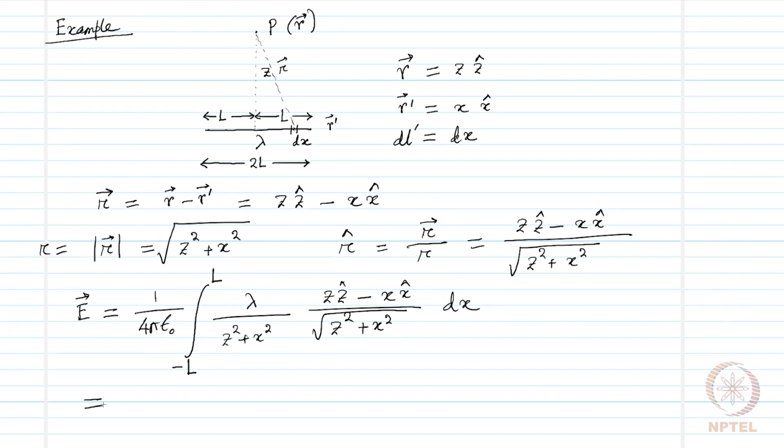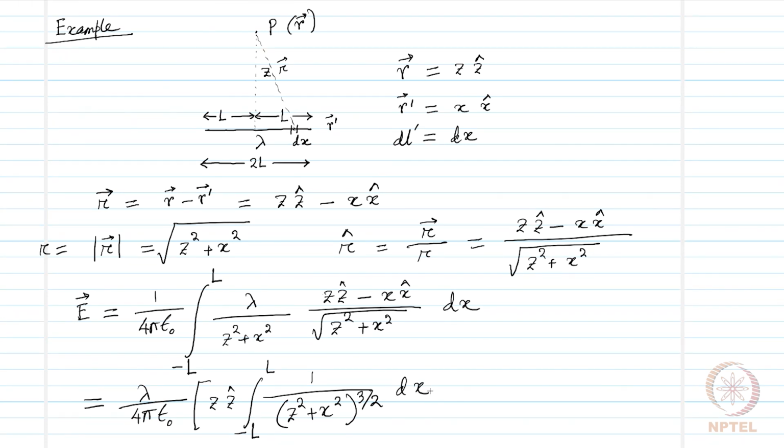and this can be evaluated as lambda over 4 pi epsilon naught, z z cap integration minus L to L 1 over z square plus x square power 3 over 2 dx, minus, we will have x cap out.